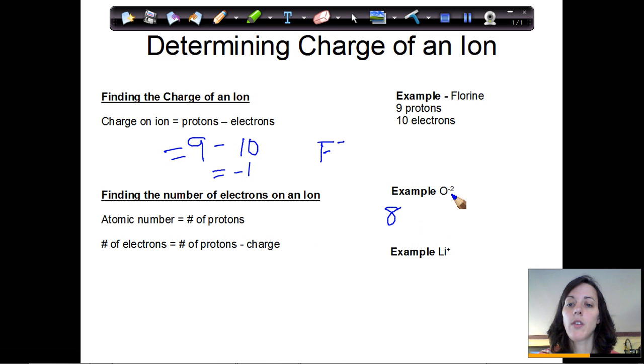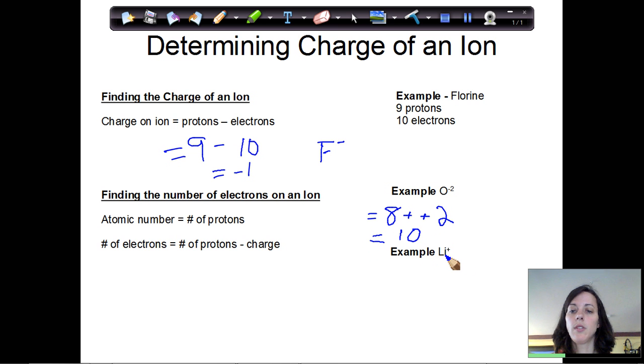And the charge is written right up here. It's -2, so minus -2. If we do that out, that will tell us how many electrons oxygen's ion has. So 8 minus -2 means ultimately you're going to add those, and oxygen would have 10 electrons.